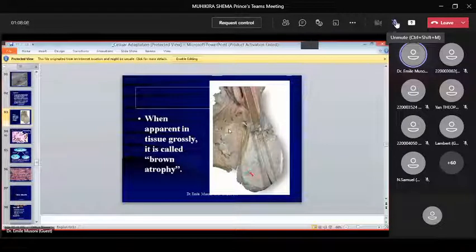Questions and suggestions are welcome. So if there are no questions, we can stop here. And remember that next time we see the cell death, necrosis and apoptosis, and the inflammation.